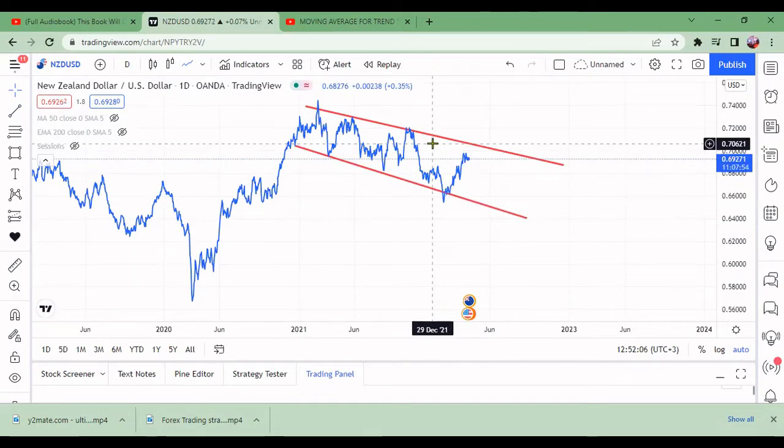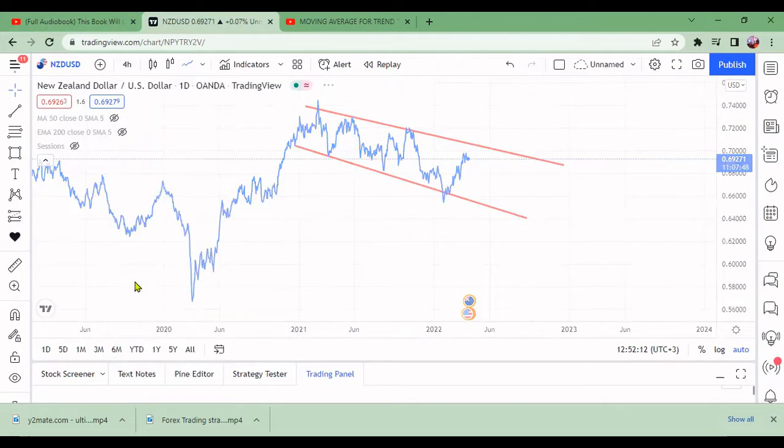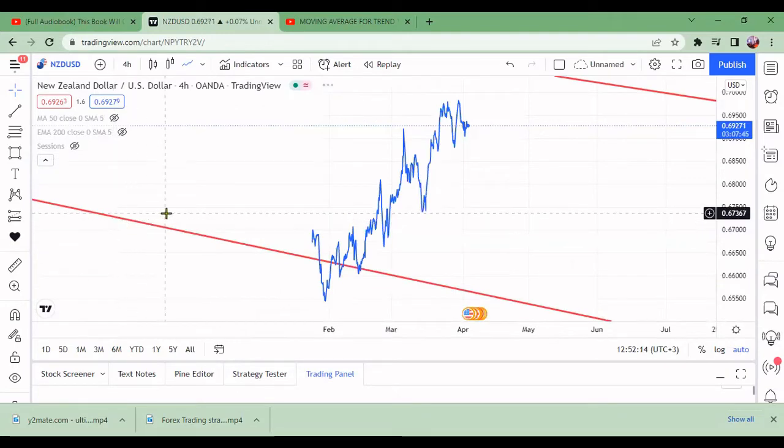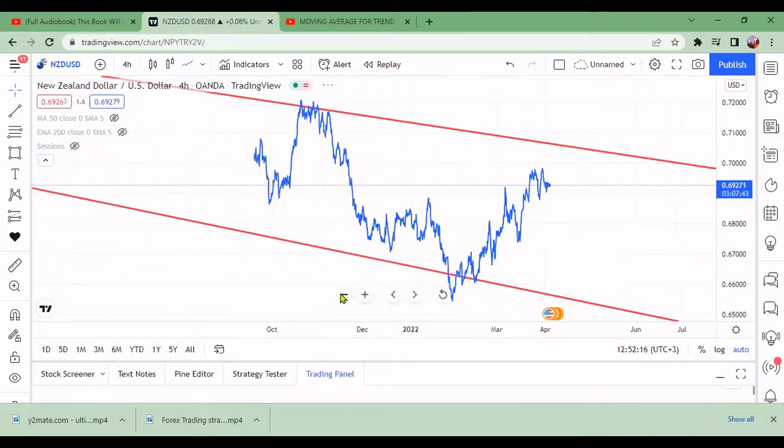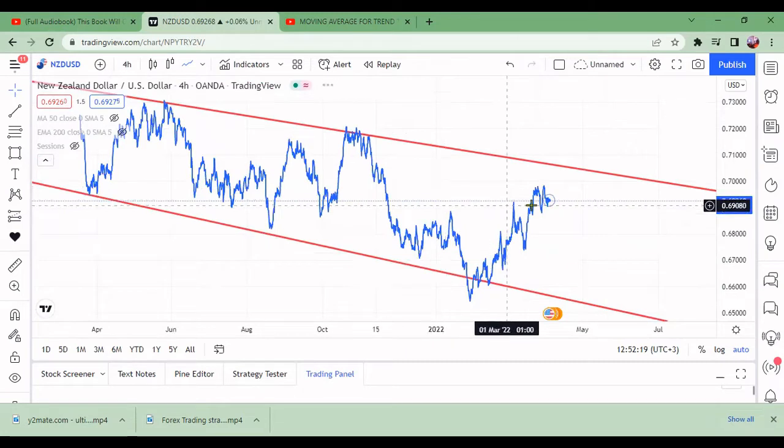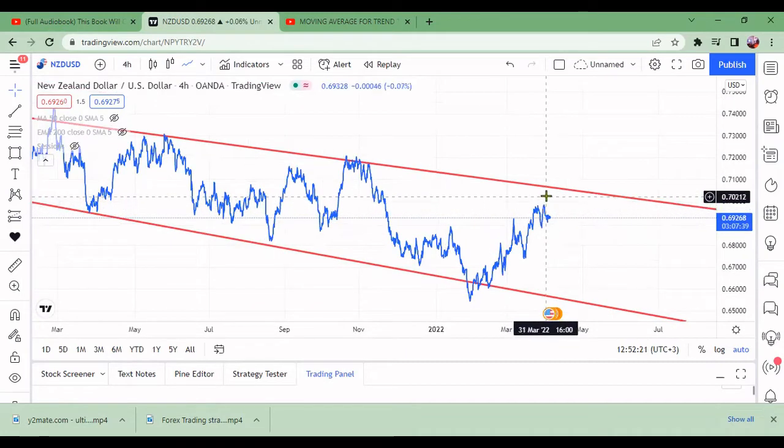So now I'm going to go to the 4-hour chart. That is it, guys. I'm going to wait for the market to touch the trend line, then the moving average cross.